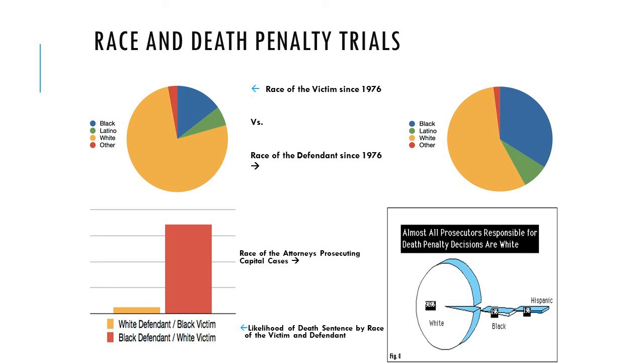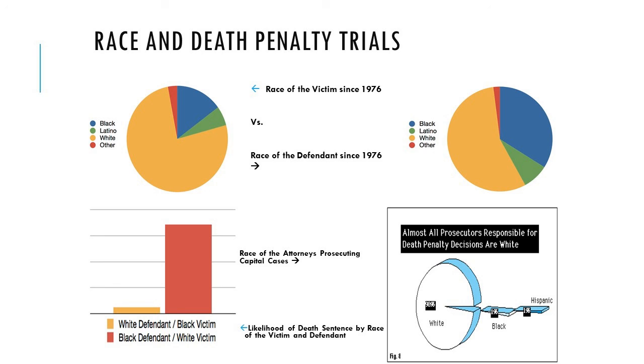Further, when we look at the way that this system plays out, the sort of courtroom work group effect, 98% of the prosecutors that handle death penalty cases are white. It's not necessarily saying that they are biased, but they are excluding some of the cultural, social backgrounds that might be relevant towards deciding whether or not to bring the death penalty in a particular case.